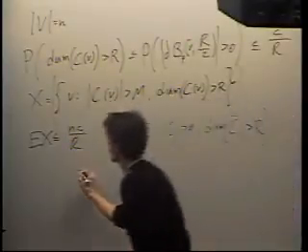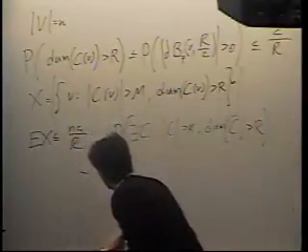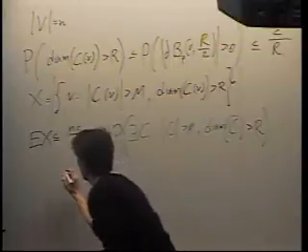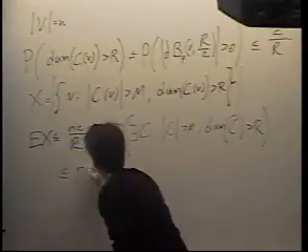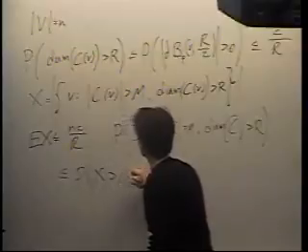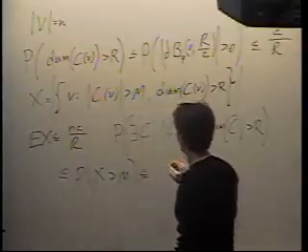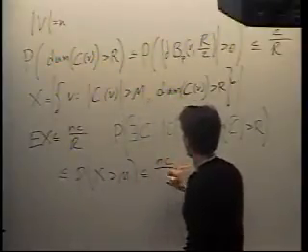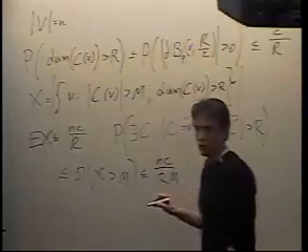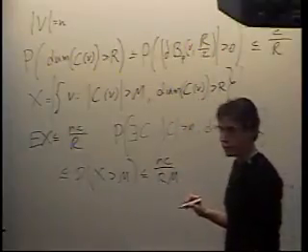So this is smaller than the probability that X is bigger than m, which is hence smaller than nC over rm by Markov's inequality. Correct?